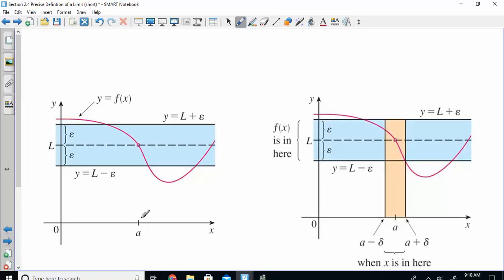Another way of thinking about it, on this graph, okay, here's, if I want my y's to fall within this range, right, well, that hits here and here on my graph. So my x's would have to fall within there, down on the x-axis. So that's what we're doing.